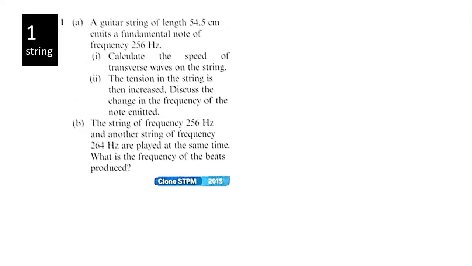Okay, let's go to structure question number 1. A guitar string of length 54.5 cm emits a fundamental note of 256 Hz. Calculate the speed of transverse wave on the string. How to do that?